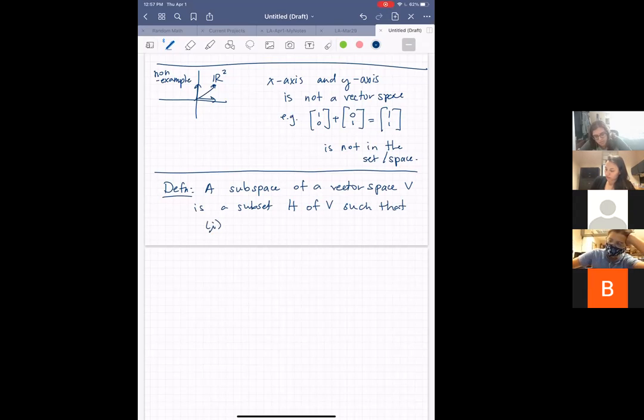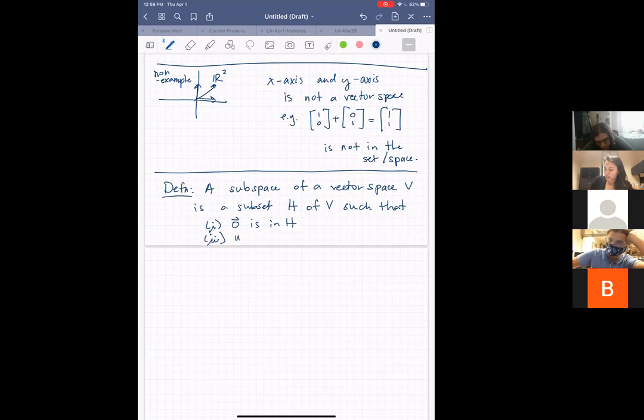So first of all, the 0 vector is in H. So V being a vector space, it must have a 0 vector, and H being a subspace means that it must contain that 0 vector, right? Okay, secondly, H should be closed under addition.